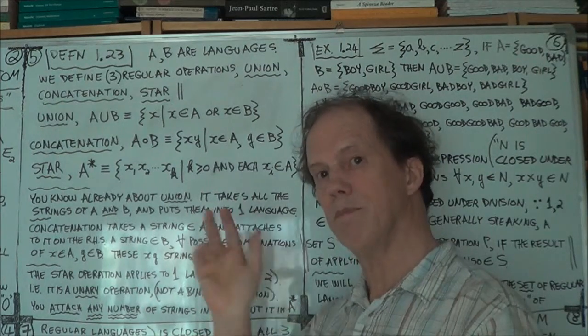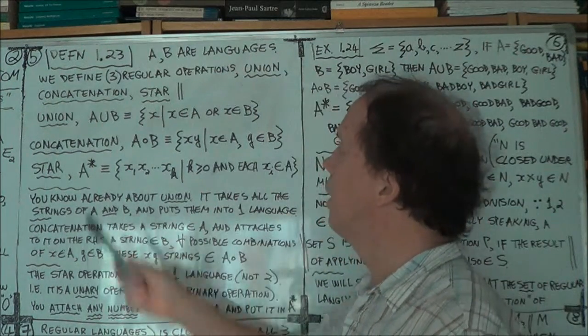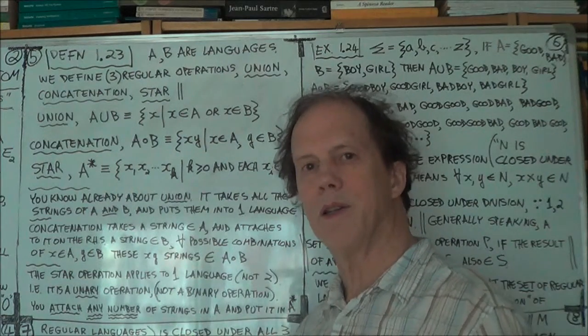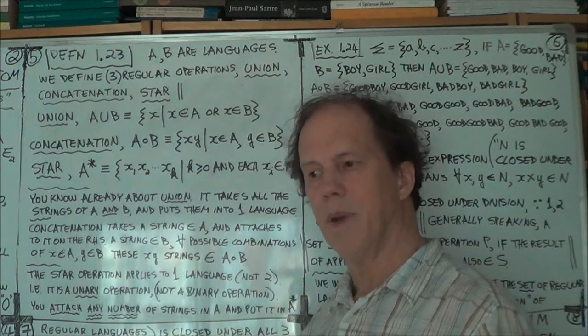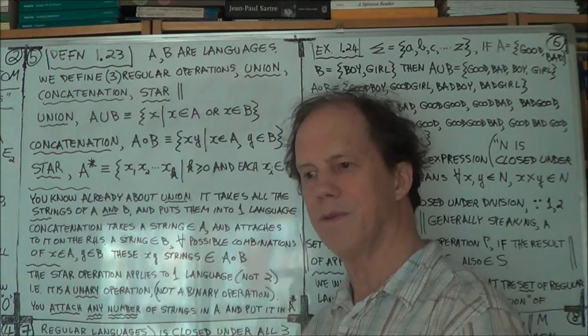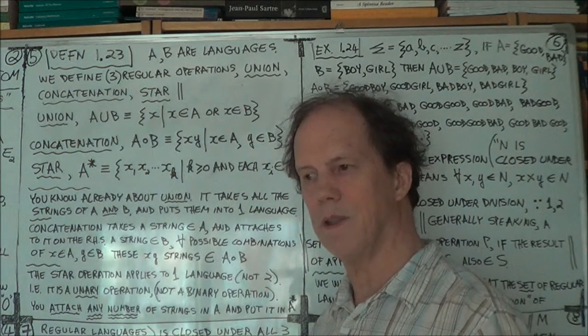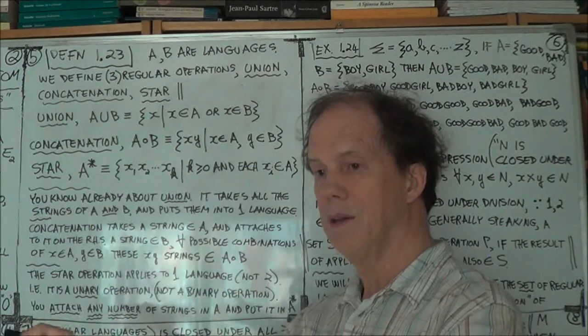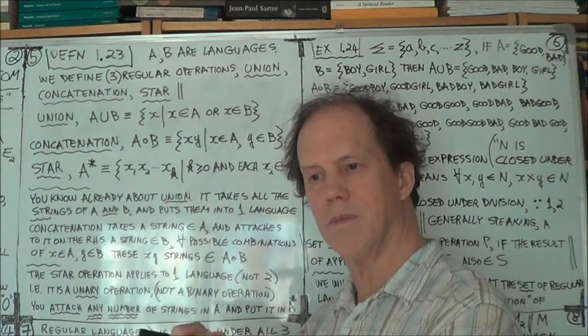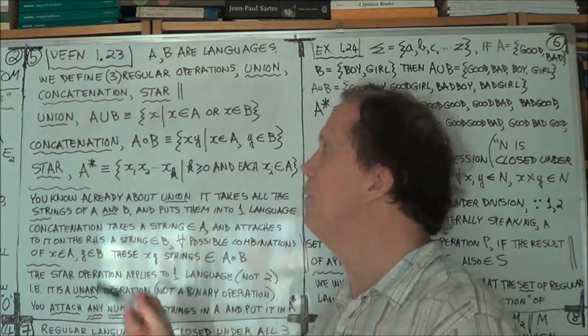Seem reasonable? In effect, what you're doing is taking 2 languages and making a bigger language out of them by just combining the 2 sets of input strings. Or put another way, you're just unioning 2 languages, making one bigger language out of them.